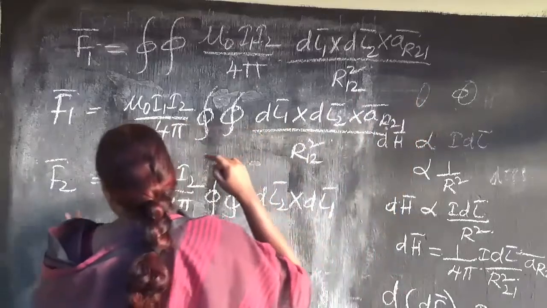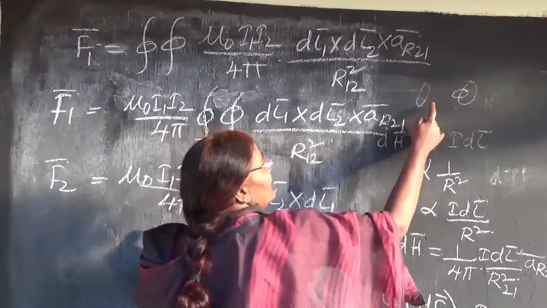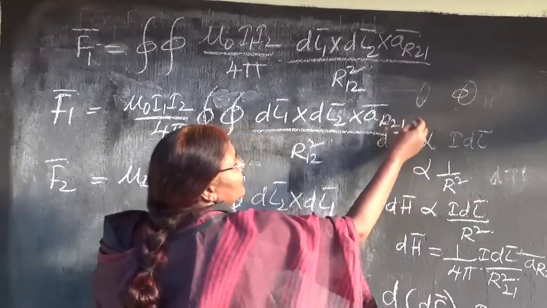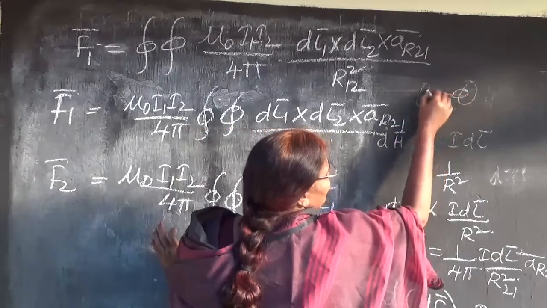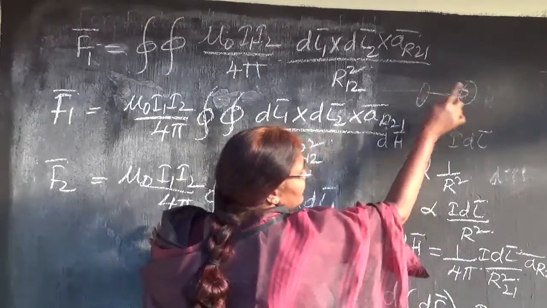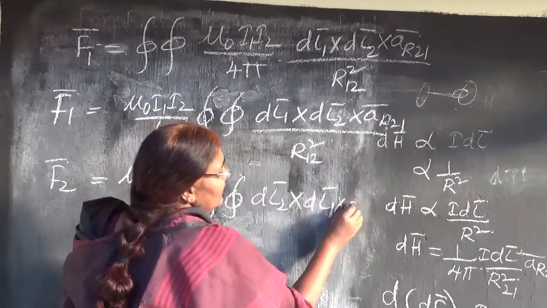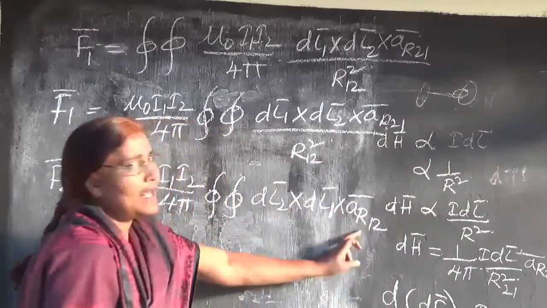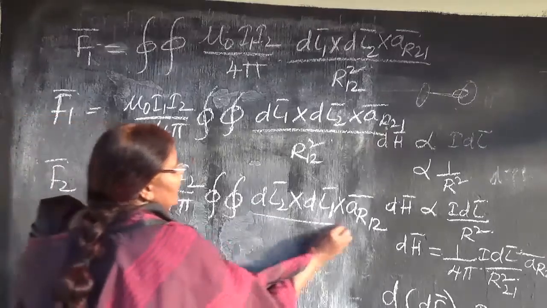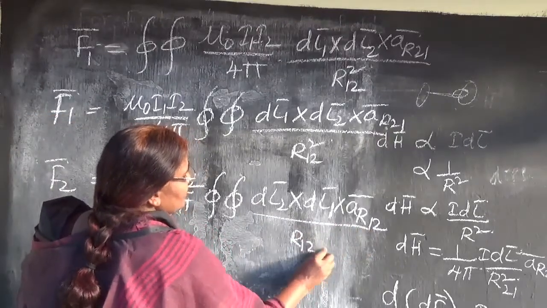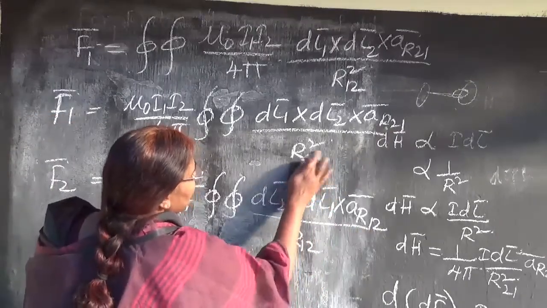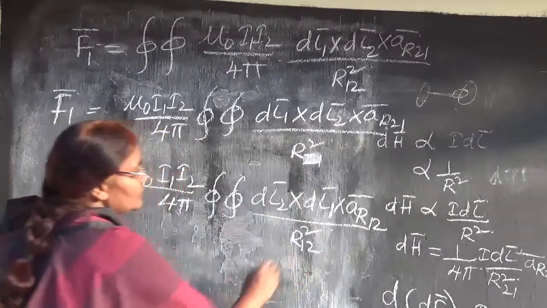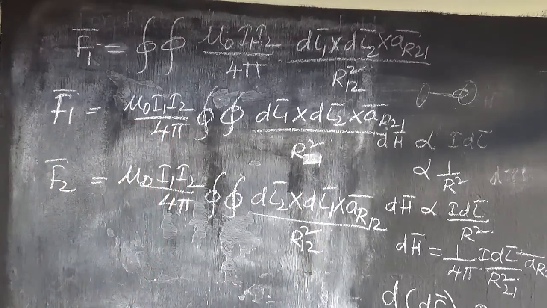Now I am going to find the force exerted on this element by this element. So this is the unit vector from the first point to the second point. What will be my unit vector from the first point to the second point? aR12 bar divided by R12. I wrote it mistakenly here. So R12.